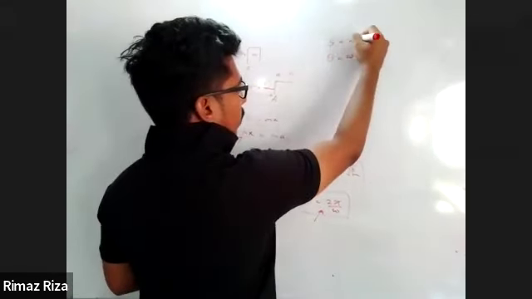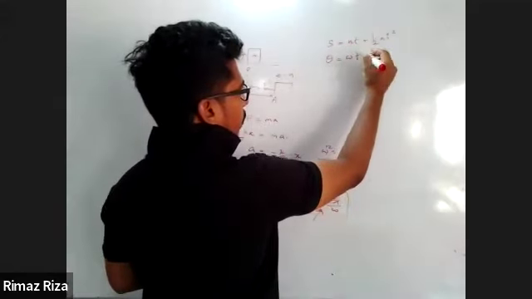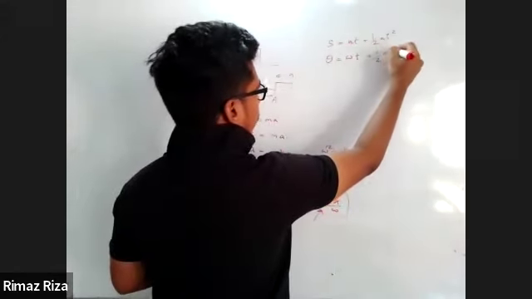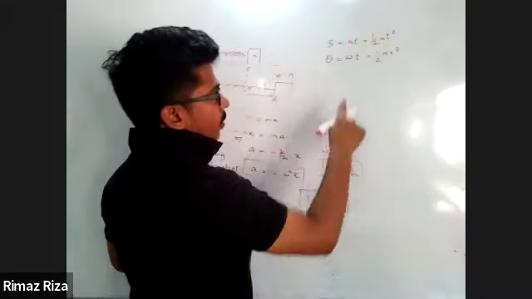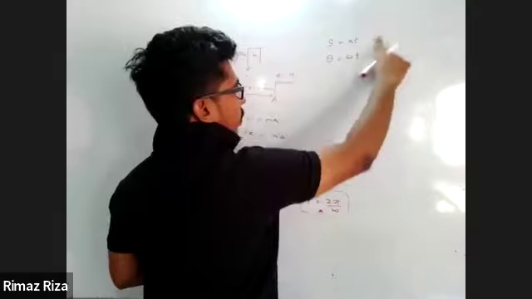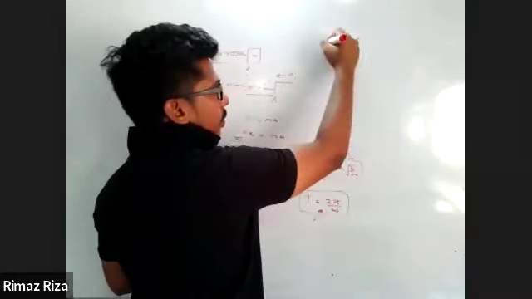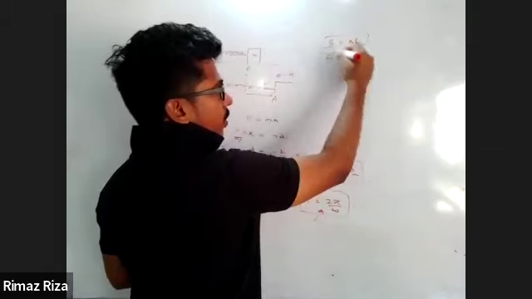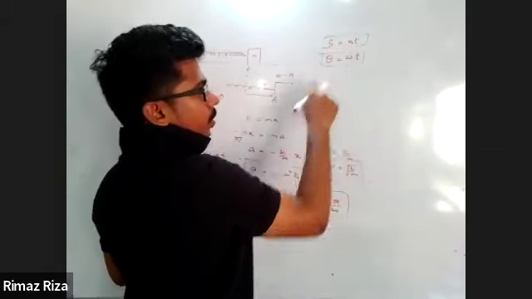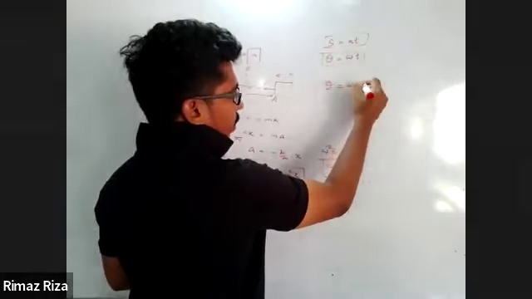So S equals ut plus half at square. Likewise, theta equals omega t plus half alpha t square. Since it's moving at constant omega, acceleration is zero. So it's like S equals ut, an object moving at a constant velocity. If an object is moving at a constant angular velocity, we have this formula. So theta equals omega t.